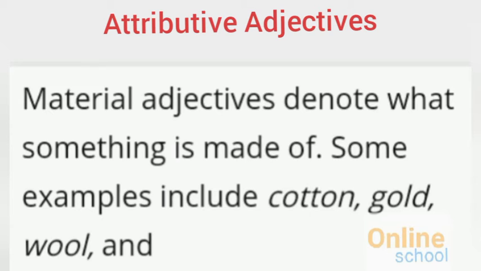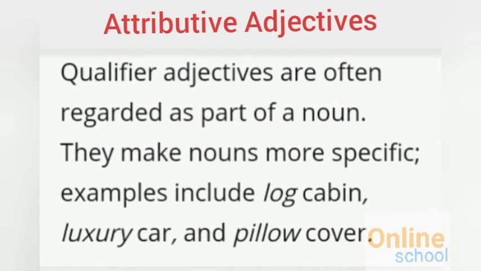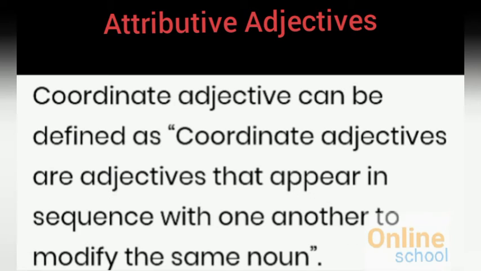Some examples are cotton, gold, wool, etc. Qualifier adjectives are often regarded as part of a noun. They make nouns more specific. Examples are log cabin, luxury car, pillow cover, etc.